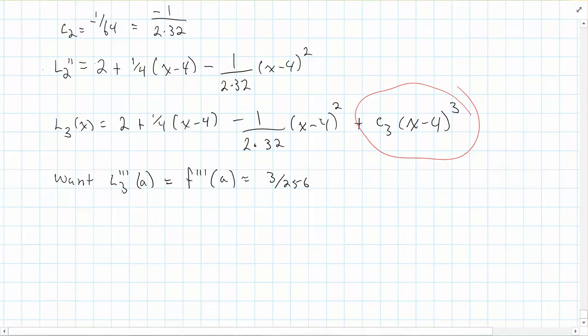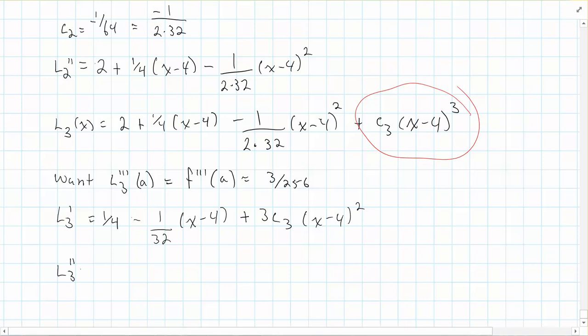So L3 prime is equal to 1/4 minus 1 over 32 x minus 4 plus 3C3 x minus 4 squared.